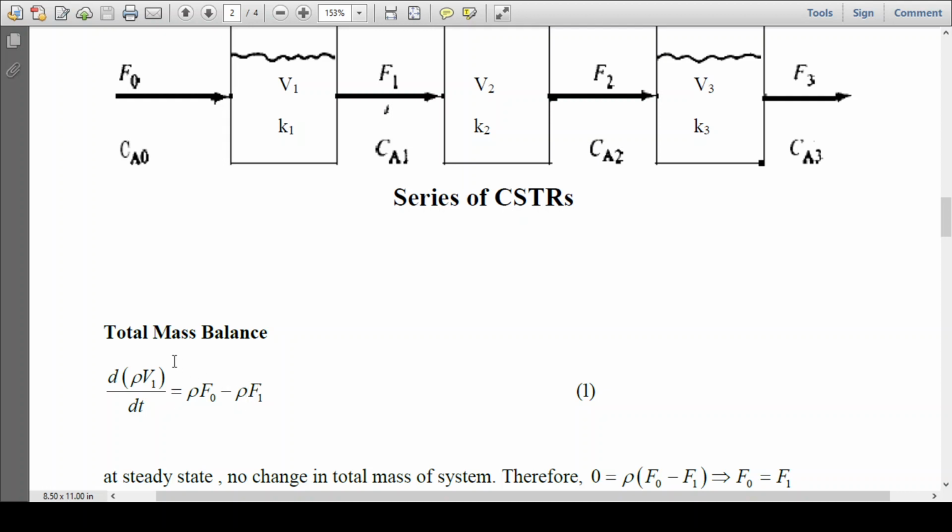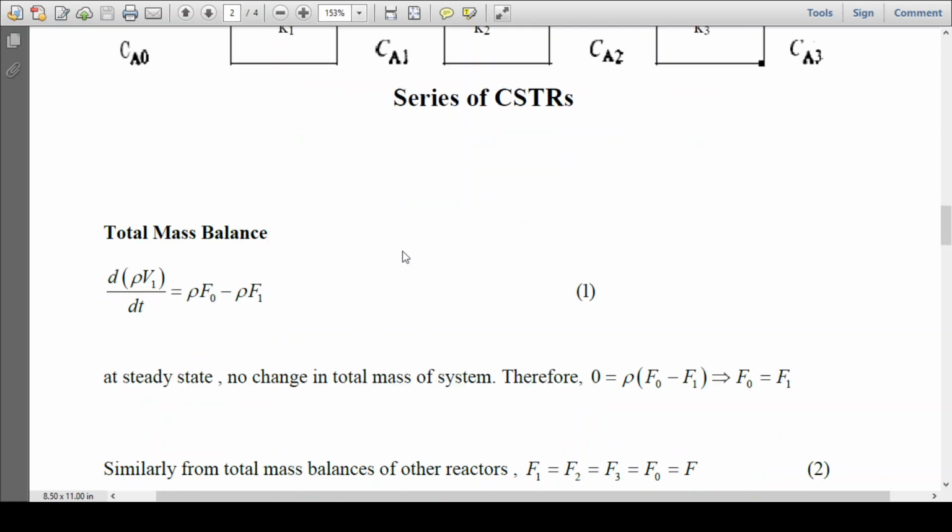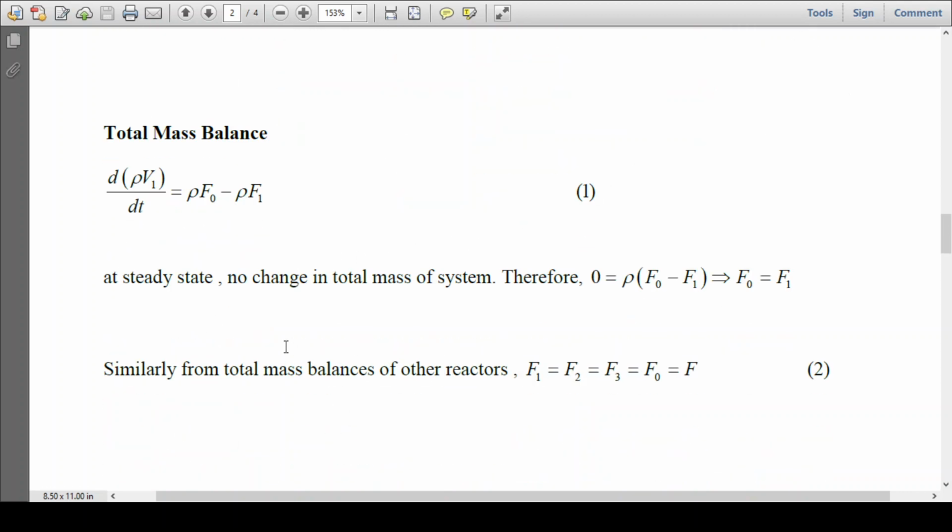At steady state this term would be 0, so finally we get F0 equal to F1. The same mass balance can be applied to reactor 2 and reactor 3, and we get the relation F1 equal to F2 equal to F3 equal to F0, which is assumed as F.